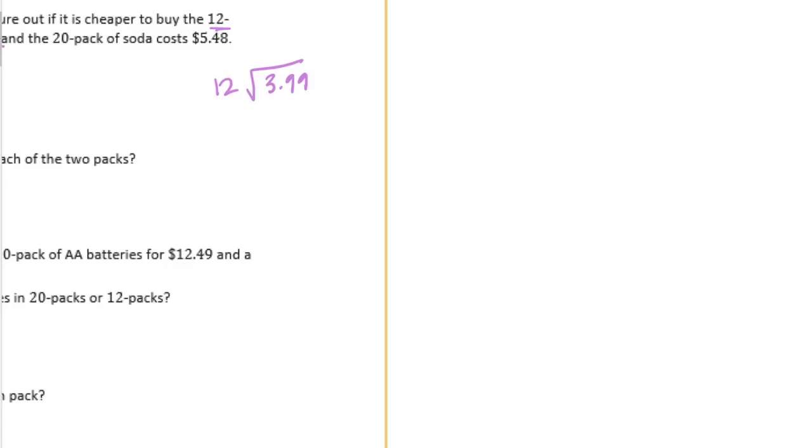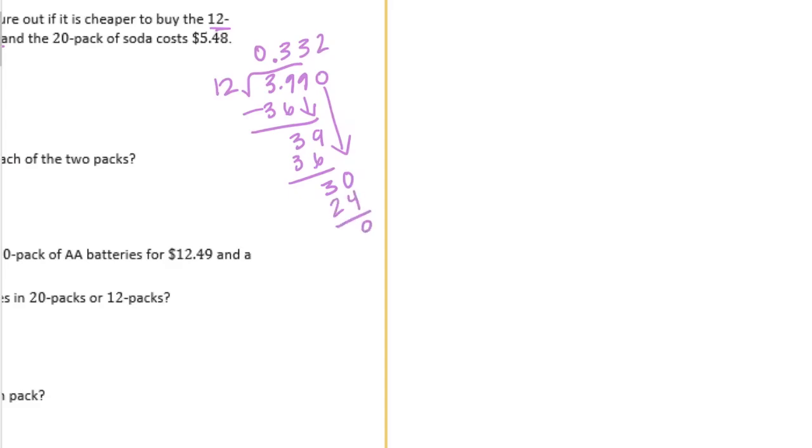So 12, I'll bring up my decimal point. 12 can't go into 3, it can go into 39, not 6 times, 3 times, and that's 36. Subtract, and we get 3. I'll bring down the 9. 12 goes into 39 again, 3 times. That's 36. Bring down the 3. I'm going to add a 0 since we're not done. 12 can go into 30 twice.